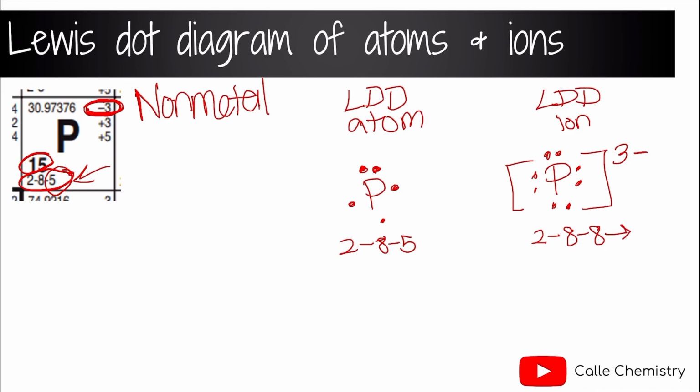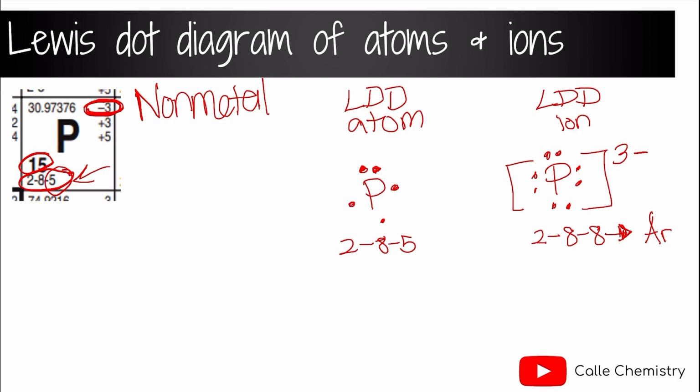If you look on the periodic table, which noble gas electron configuration is 2, 8, 8? If you found it, you know that it is argon. Ar.